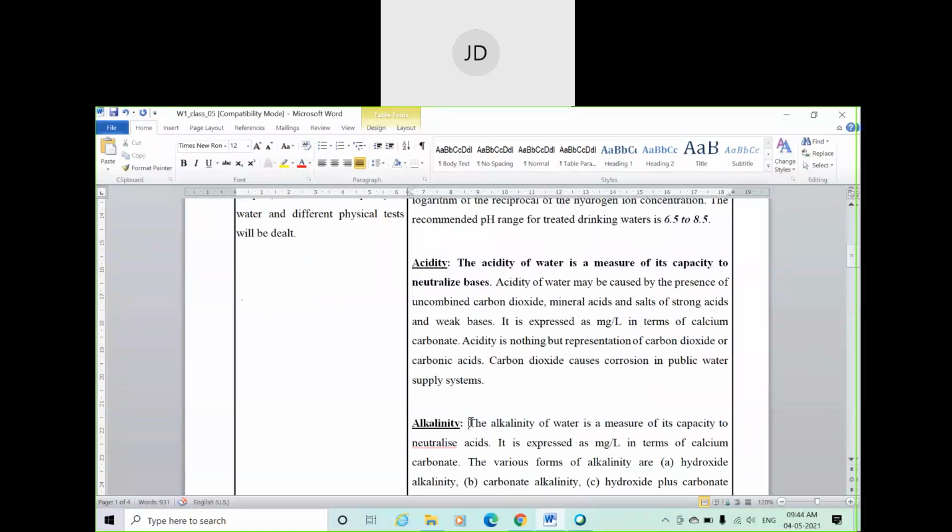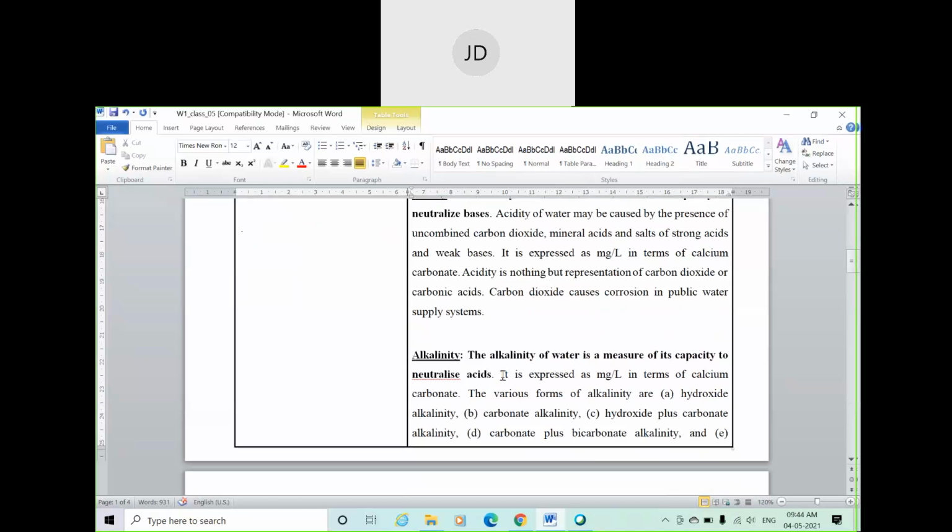On the other hand, the alkalinity of water is a measure of its capacity to neutralize acid. That means if a particular sample is highly alkaline, it has the capacity to neutralize an acidic water, since it contains OH minus and the other sample contains H plus, so they can neutralize each other.